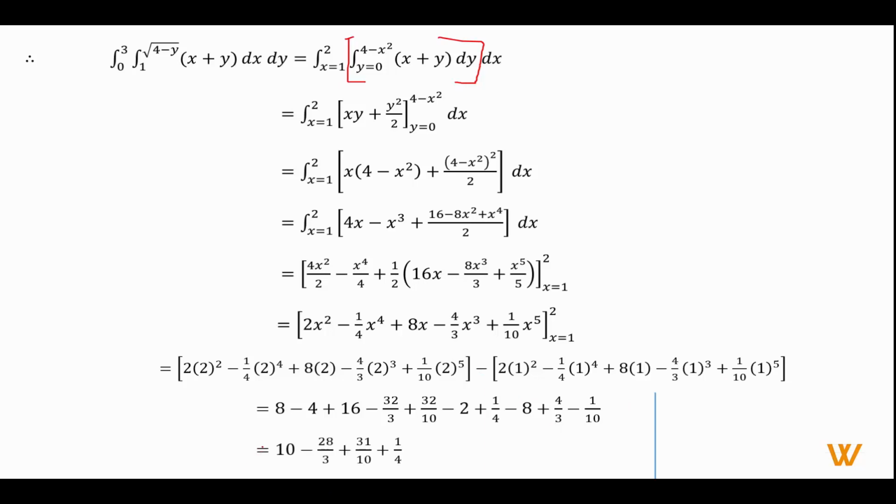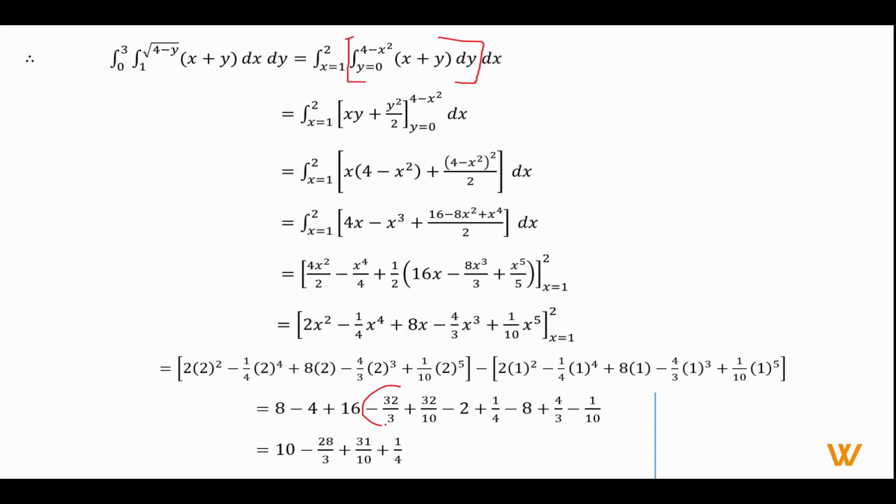Therefore is equal to we get plus 8 minus 4 is plus 4, plus 16 is plus 20, minus 2 is plus 18, minus 8 is plus 10.